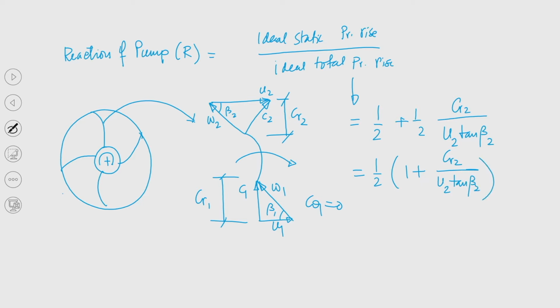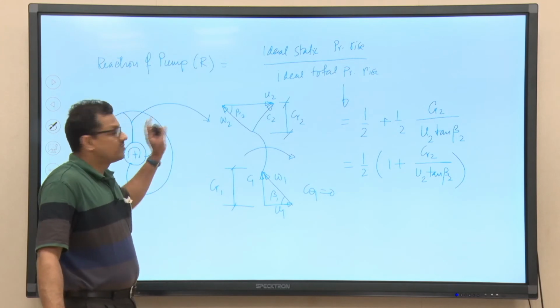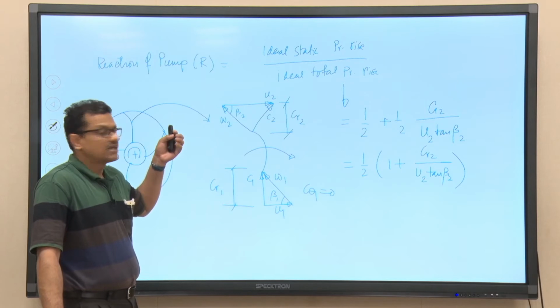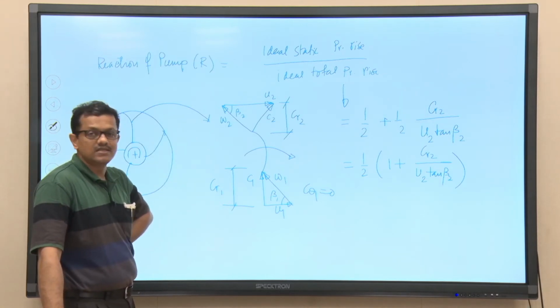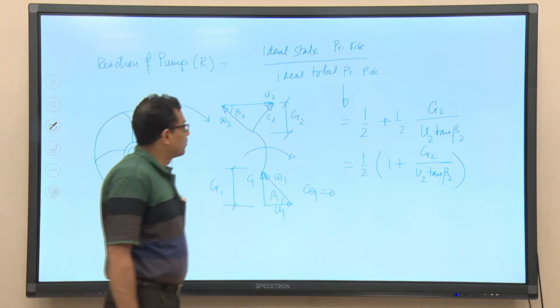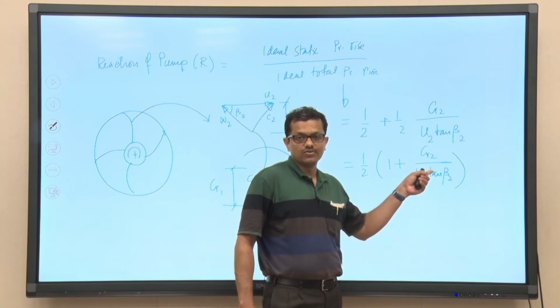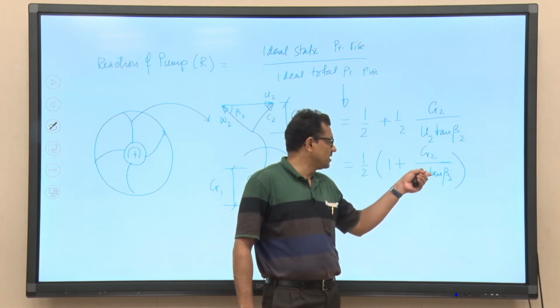In the last class we discussed that from the definition of the pump reaction, the ratio of ideal static pressure rise to ideal total pressure rise is the degree of reaction, which we can tune through the design parameter beta 2, and also through U2.